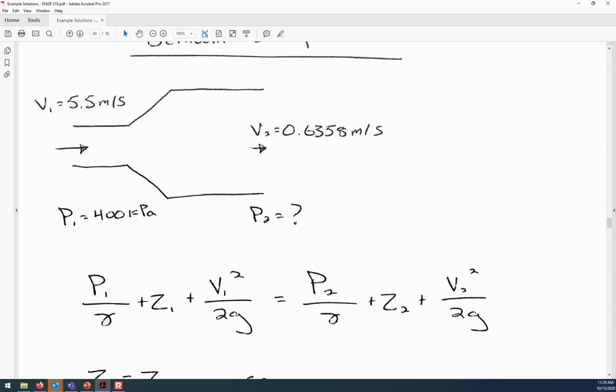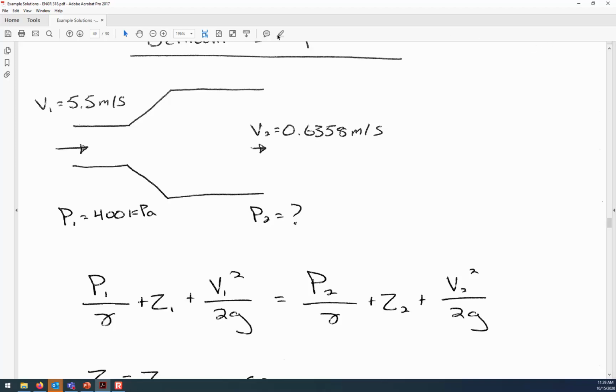Alright, so the water is decelerating. It's slowing down with respect to position. There's a convective acceleration acting here. And so Bernoulli's equation is going to tell us how the pressure in the fluid responds to that change in velocity. We're trying to find P2.